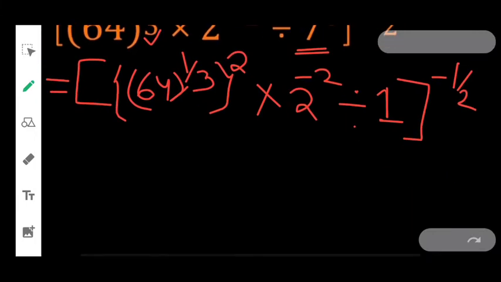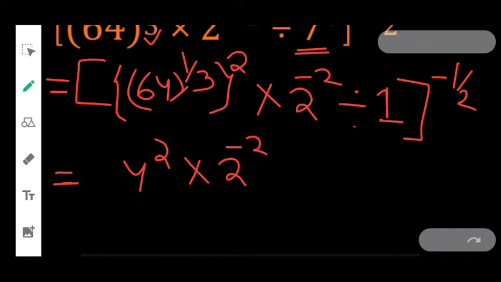So 64 to the power 1 by 3 means the cube root of 64, and the cube root of 64 is 4. So 4 square into 2 to the power minus 2, divided by 1. Divided by 1 will be cancelled, because anything divided by 1 gives the same number.